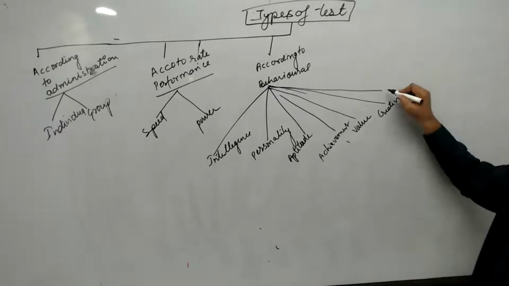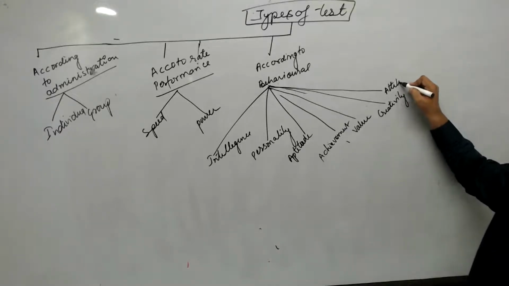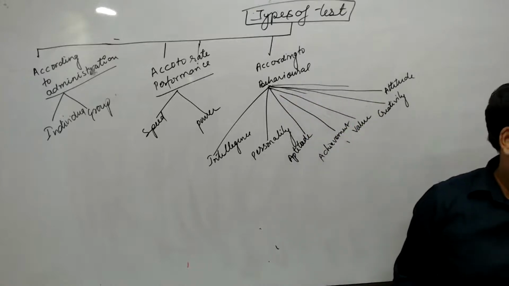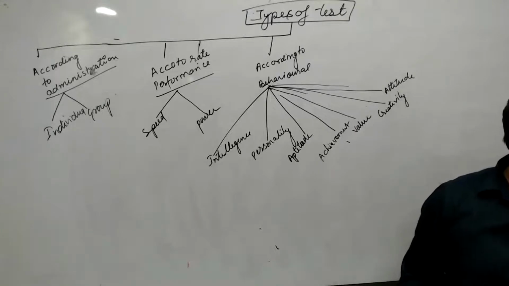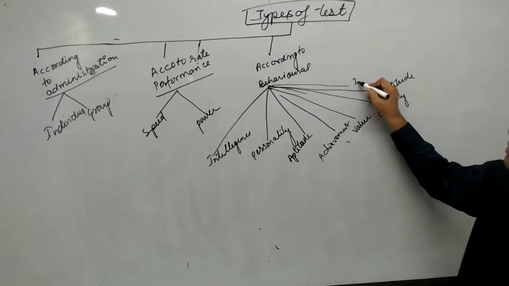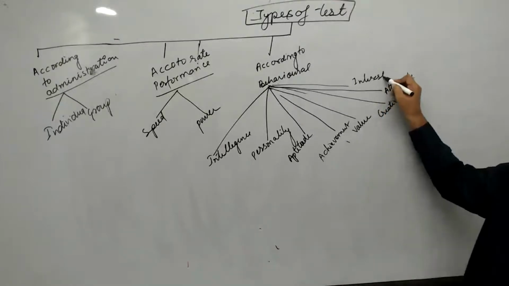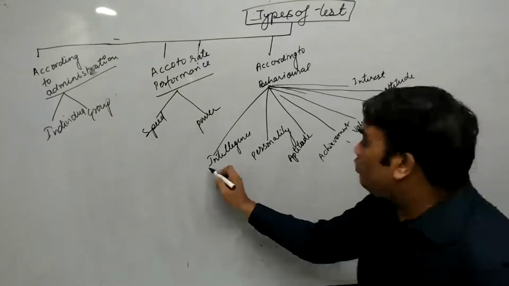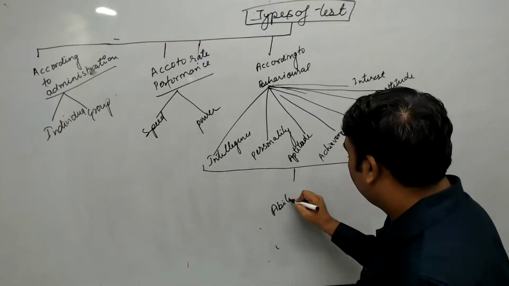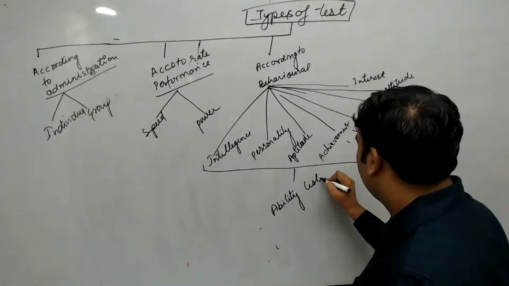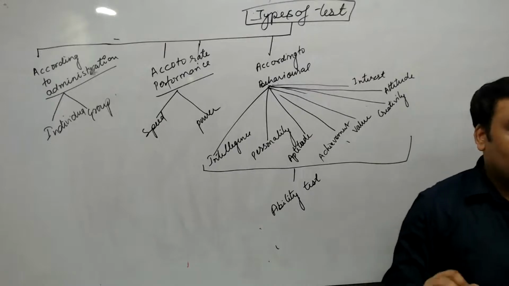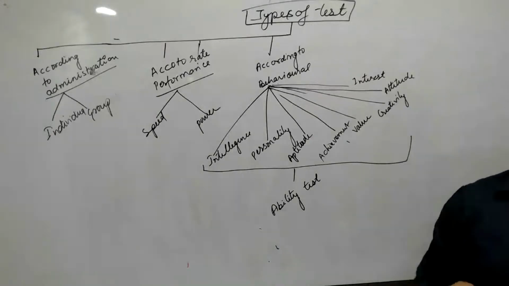Attitudes. All that which I have already written. Well, more you can do. Interest. Even all these are what? All these are ability tests. Anxiety test ability थोड़ी है.